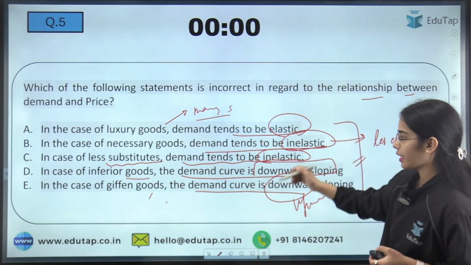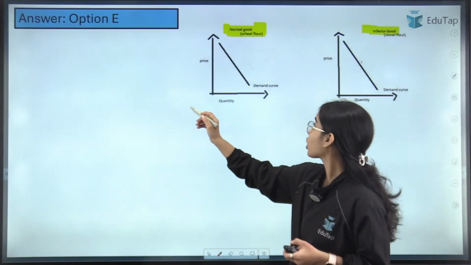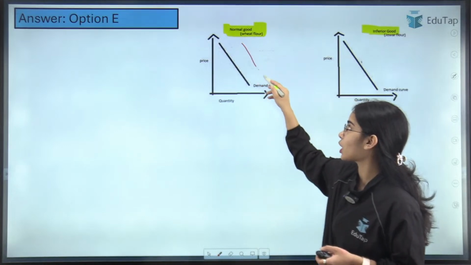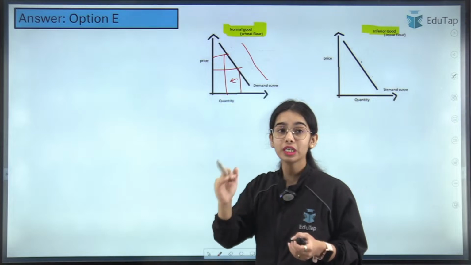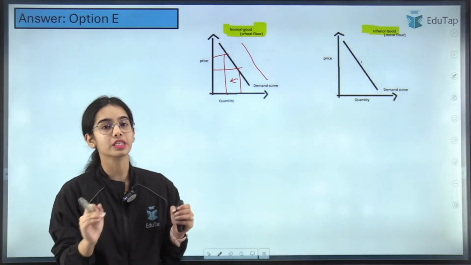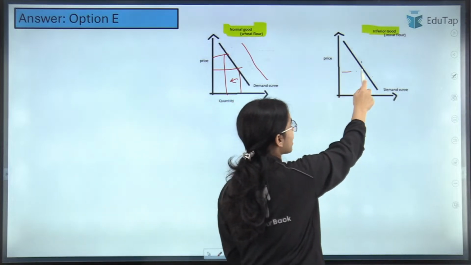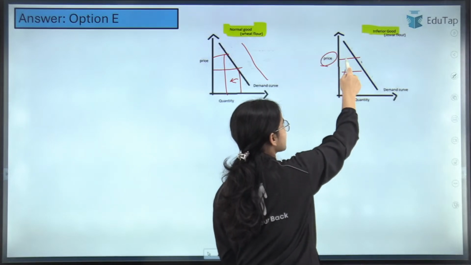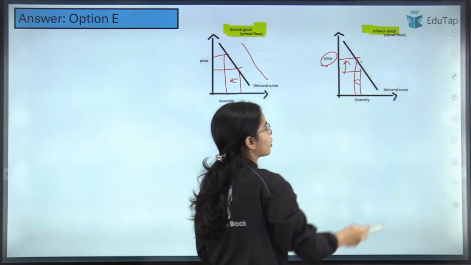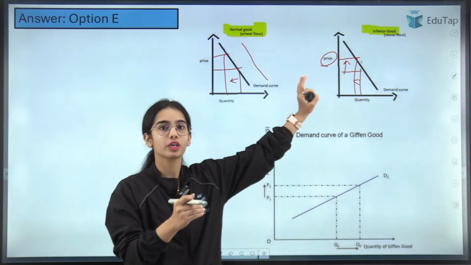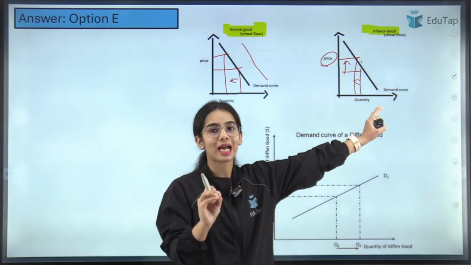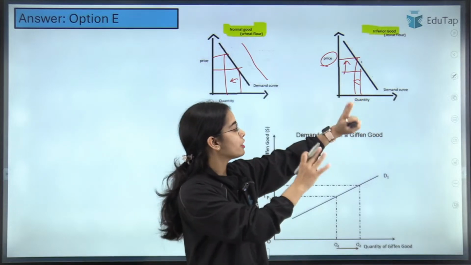So simply here, for the normal goods, you can understand that the demand curve is downward sloping. As your price is increasing, the demand will fall. Even in the case of inferior goods, the demand curve is downward sloping with the price. As the price is increasing, demand will fall. But Giffen goods are a special category of your inferior goods.